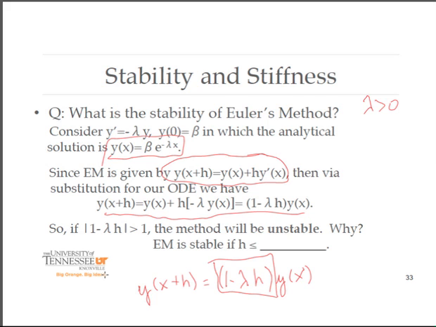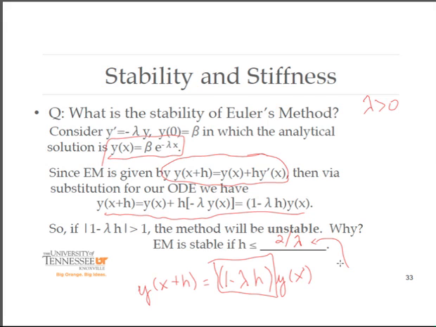And you can show that by simply solving that. That means your choice of step size needs to be less than 2 over lambda. That will prohibit this factor from being greater than 1. So what this means is that you can use Euler's method on this problem, but there's a restriction on how large the step size can be.